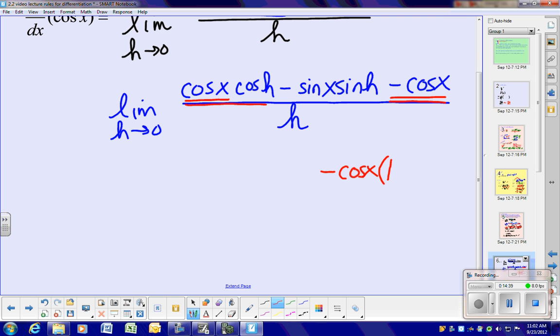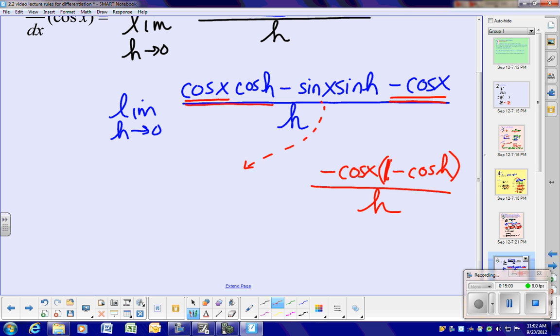If I factored it out of this part, I'd have minus cosine h. And this would be all over h. And then over here, the only term I'd have left would be this piece over here.